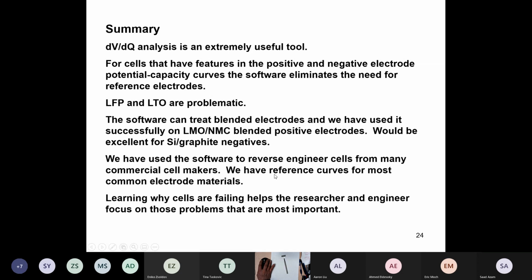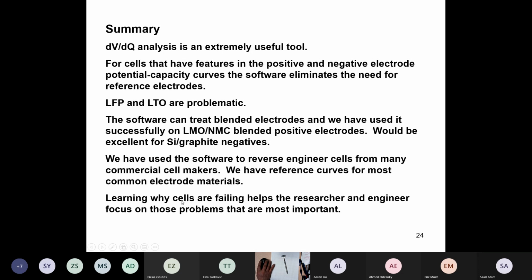We have a big library of reference curves for most common electrode materials, so if you want NMC 532 or 811 or 622, artificial graphite, natural graphite, different kinds of silicon, we have a reference curve library that's very useful so that you don't actually have to go out and make your own half cells.